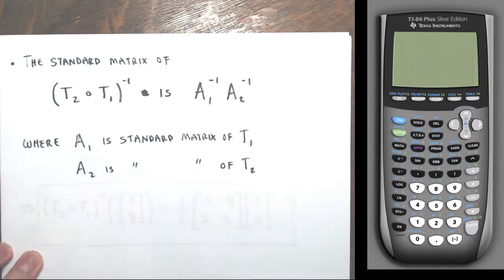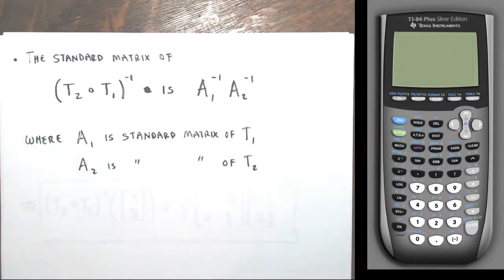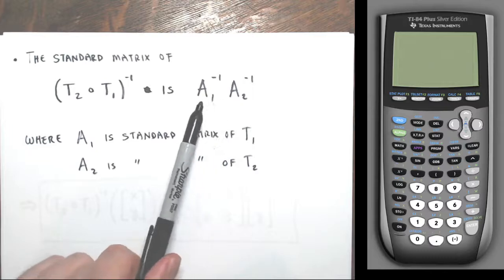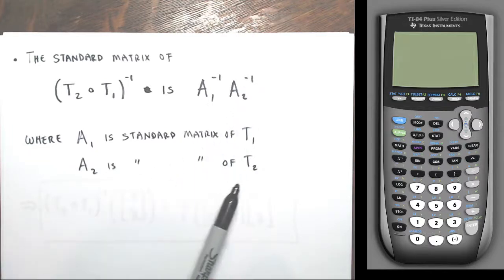And then of course A1 inverse would be the standard matrix of T1 inverse, if T1 inverse exists. Well, of course it does, because A1 has an inverse. And A2 inverse would be the standard matrix of T2 inverse.